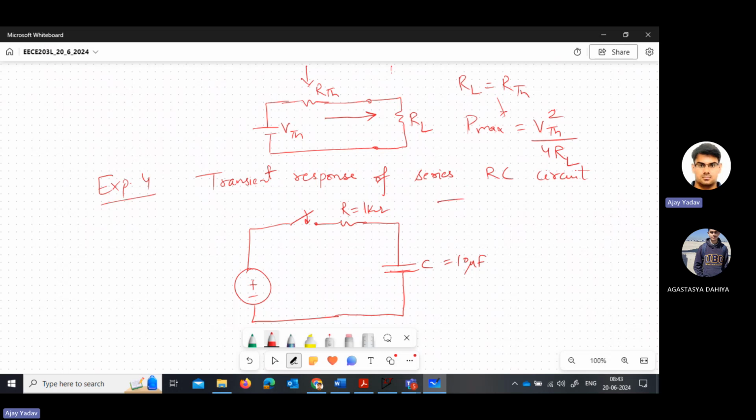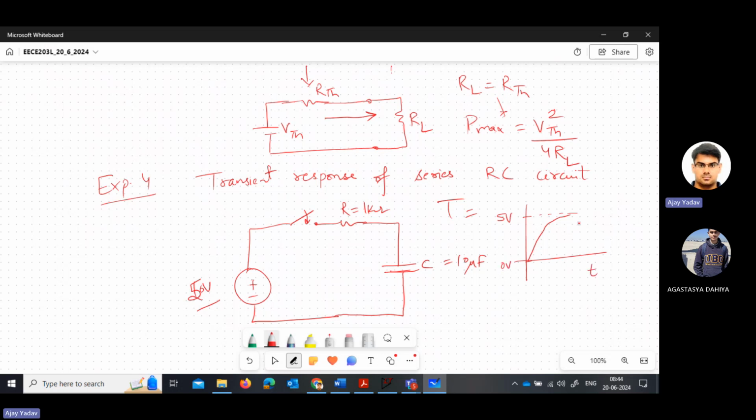Time constant in this case is what? Suppose that it is 5 volt, it is the time when you switch on the circuit, then it will take some time to reach from 0 to 5 volt. 5 volt is the maximum value. This is the 0 volt.